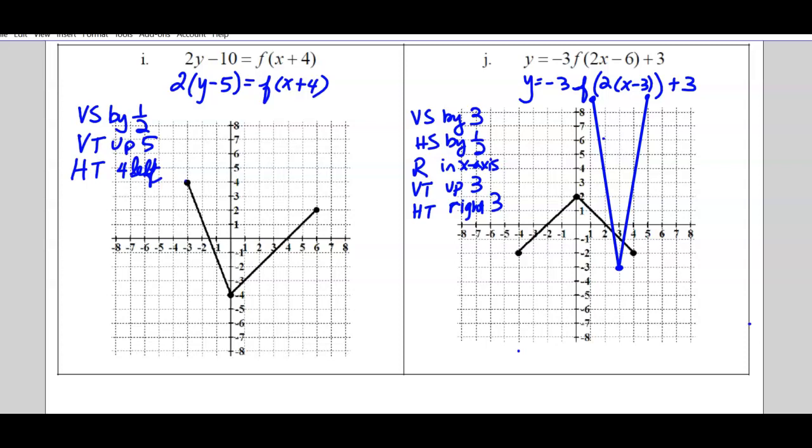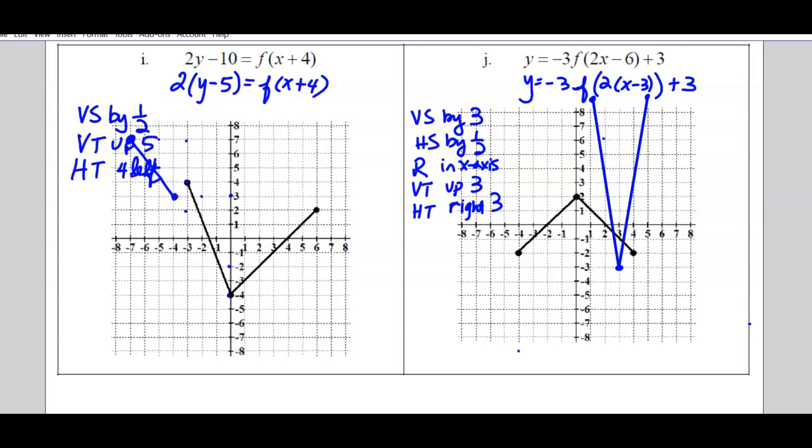Okay, so first point. 4 times a half is 2. Translate up 5 and 4 to the left. There. Next point here, stretched by a half is -2. Then up 5, and to the left 4. Okay, so that joins up with that.